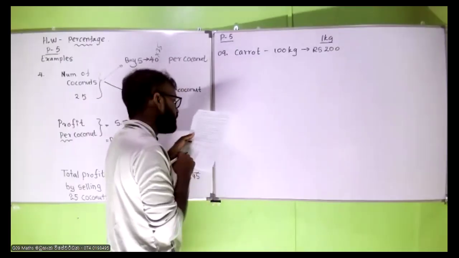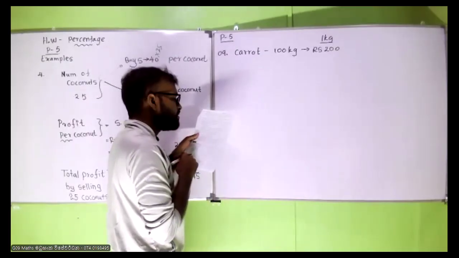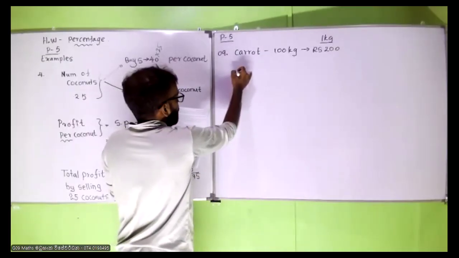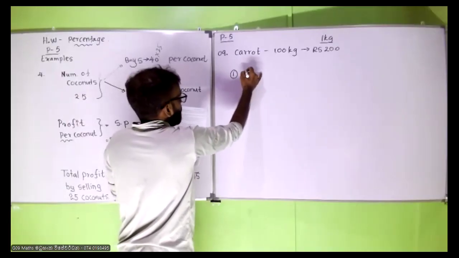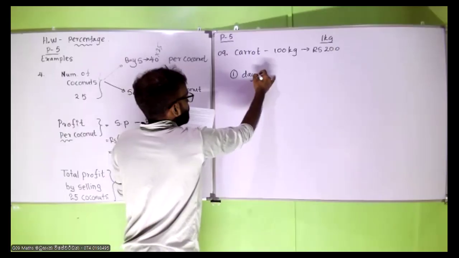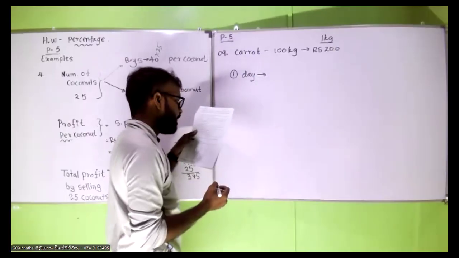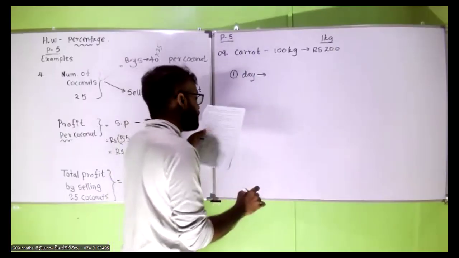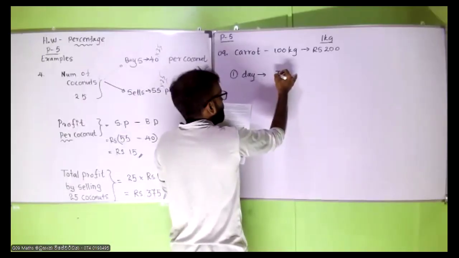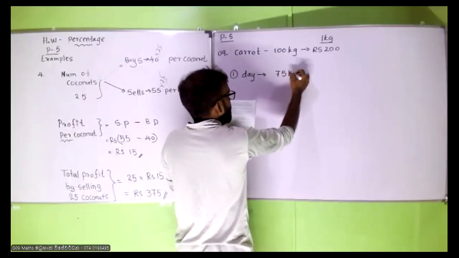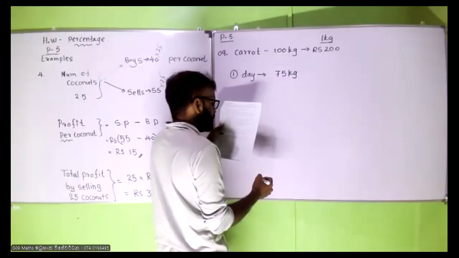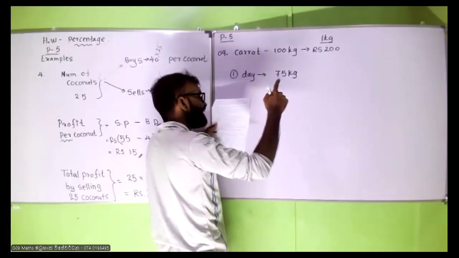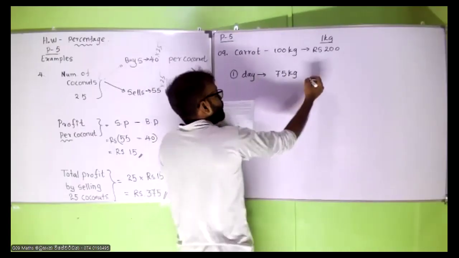Then first day, day one, he sells 75 kilograms of carrots at 250 rupees.